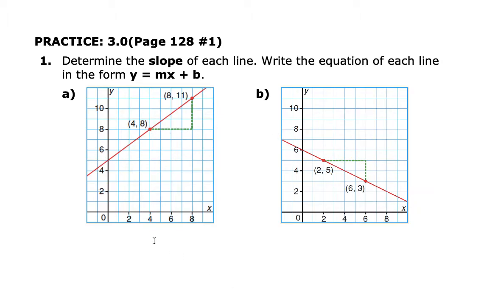So y is equal to, we're going to need mx plus b. So m is the slope. The rise between these 2 points, notice that they're right on these grid lines, so we can identify them without question. The rise is 1, 2, 3 over the run, which is 1, 2, 3, 4.